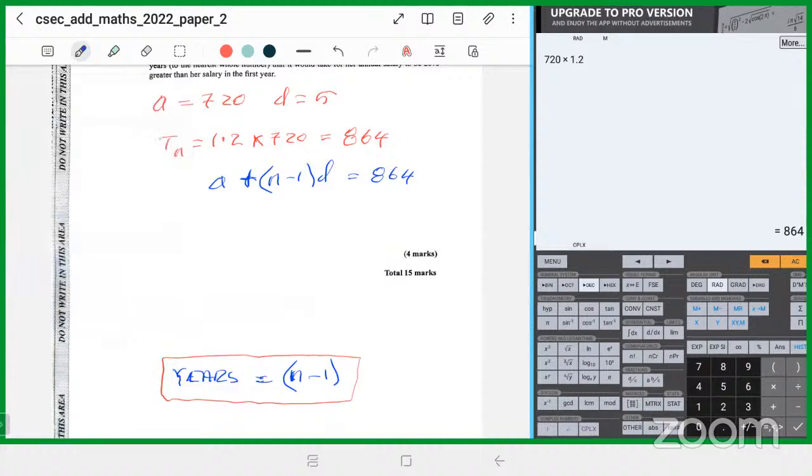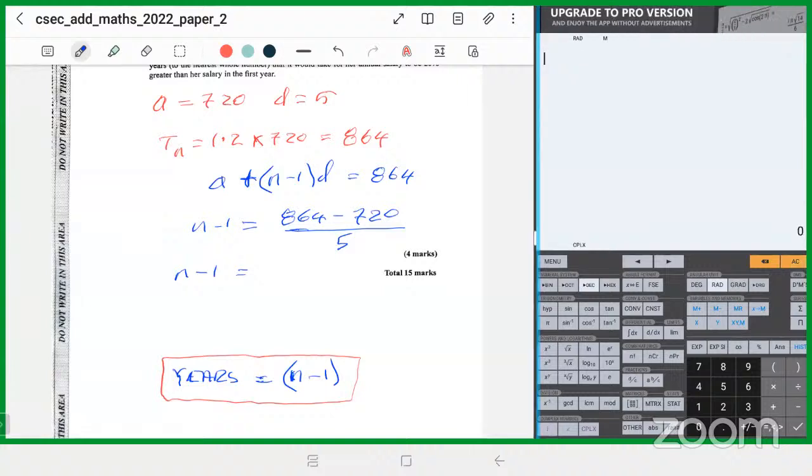So the n minus 1 would be equal to 864 minus a, which is 720, all over 5. So my n minus 1, which is my number of years, is 864 minus 720 over 5.